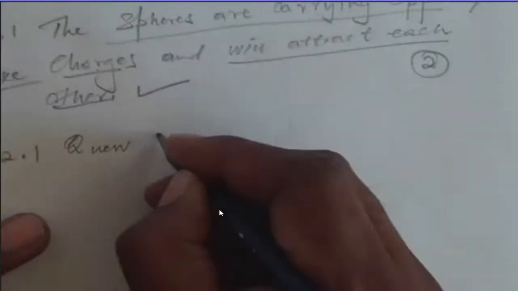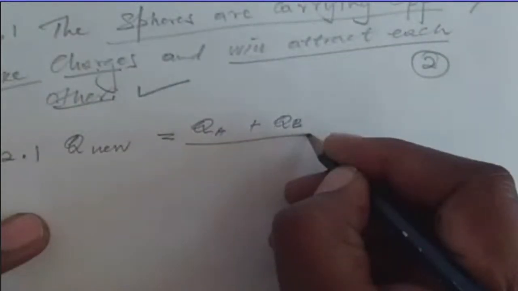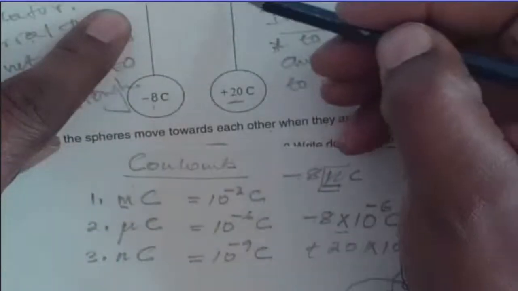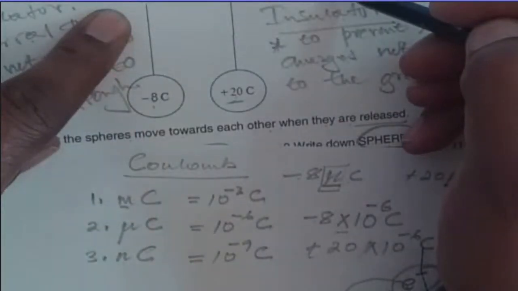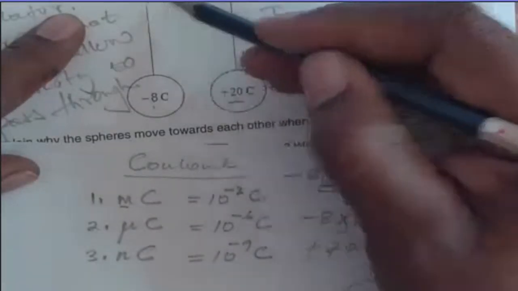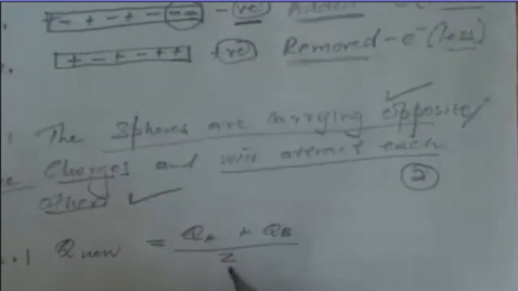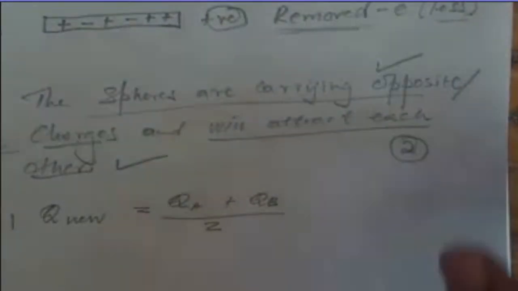Q new is equal to Q of A plus Q of B, divided by 2. But if there were 3, suppose I had A, B, C, you are going to divide by 3 because there are 3. Now 1, 2, they made the contact and separate. That is why we divide by 2. We need to be careful with that one.